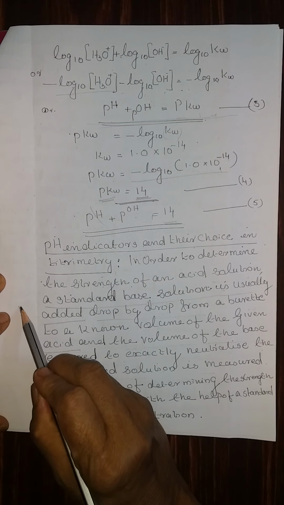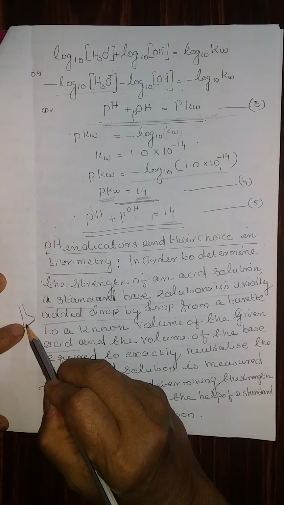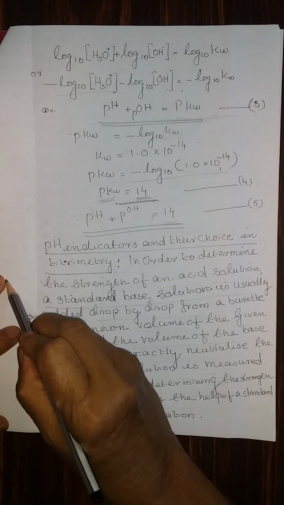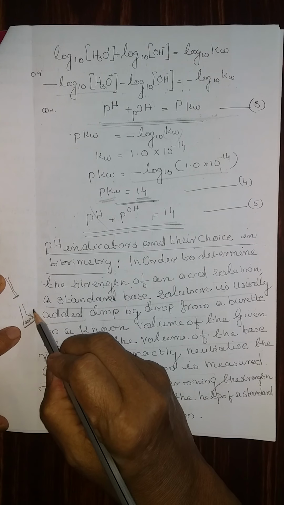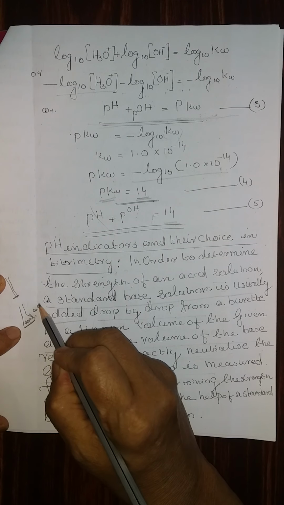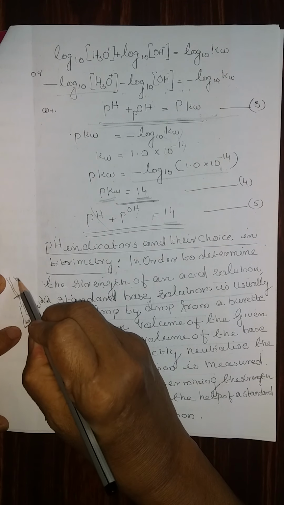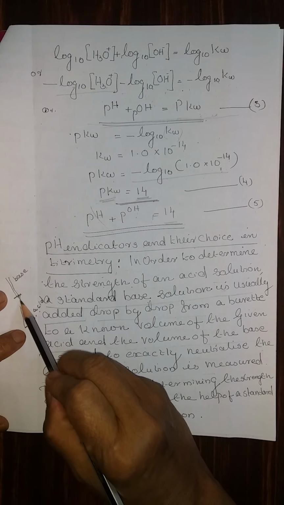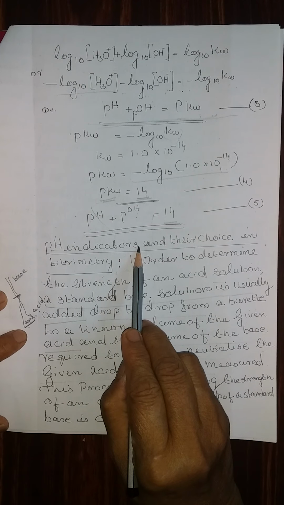That means normally the base or an acid is taken in a conical flask, a fixed volume, for example 20 ml. And in a burette, the other solution. If you are taking an acid here and in a burette the base is taken, to the acid you should add an indicator that is called pH indicator.